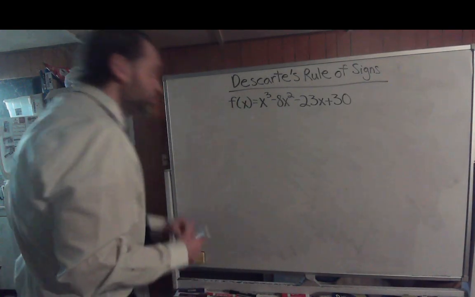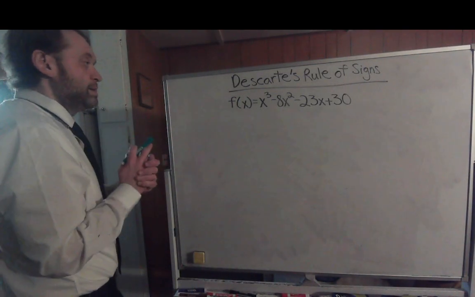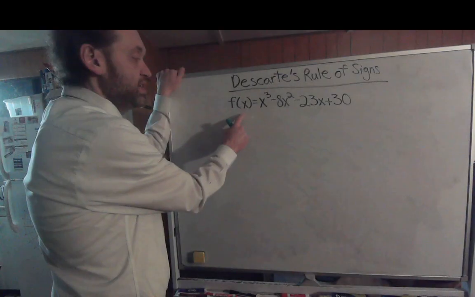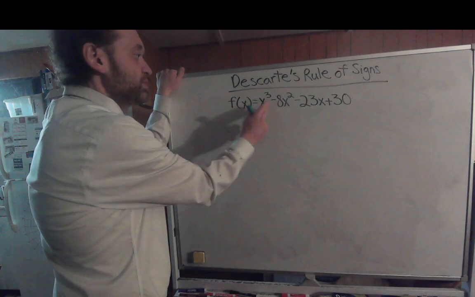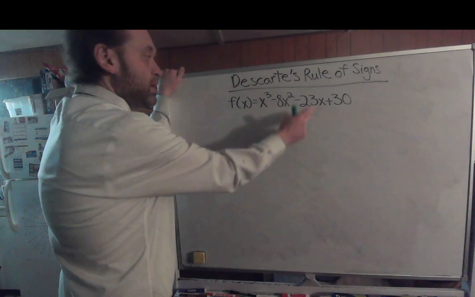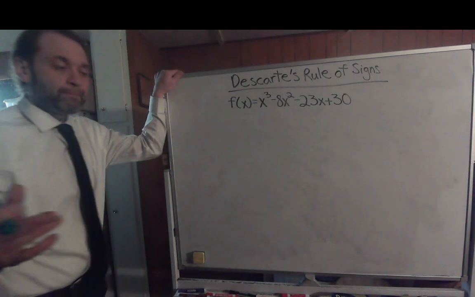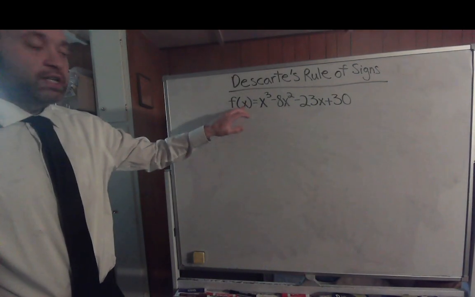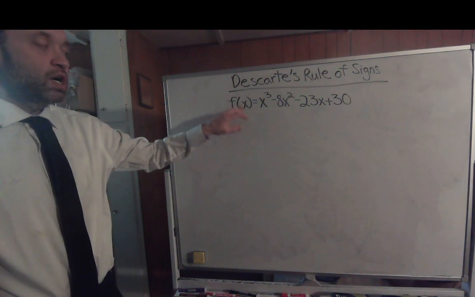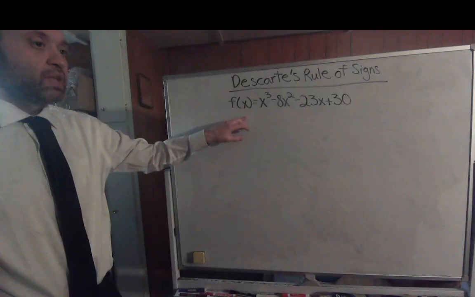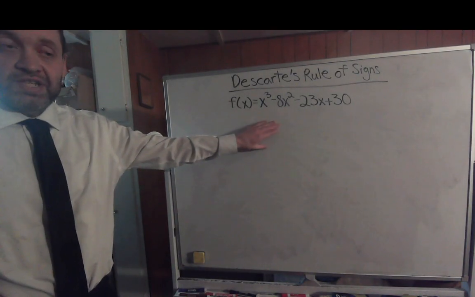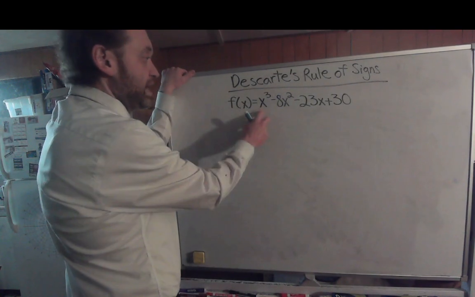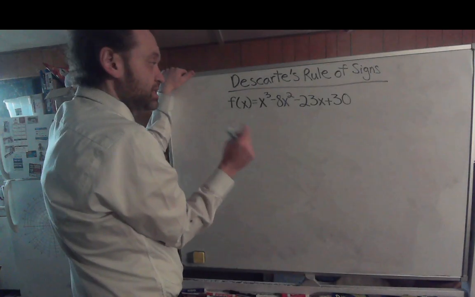So what you got to do first, you have the original polynomial. In this case, we have f of x equals x to the third minus 8x squared minus 23x plus 30. Since this is the original polynomial, we're going to work on figuring out how many positive real zeros this potentially has. What you do is you check how many times it alternates from plus to minus.